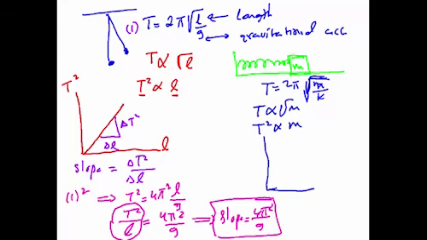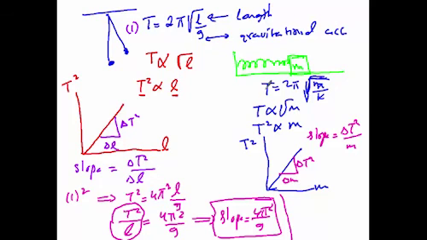We are going to get the same kind of graph here. If we plot the graph of T square with m, you can get this straight line. And also the gradient of this line, which is the slope, equals delta T square over delta m. And again, from this equation one can get that T square equal to 4 pi square m over k, and T square over m equal to 4 pi square over k.